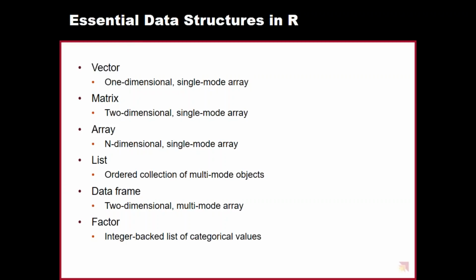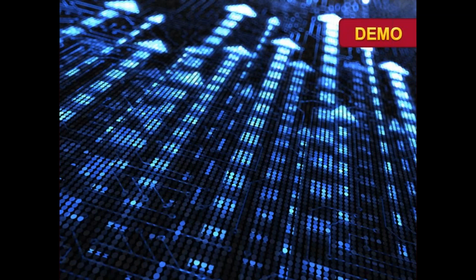Then there's the magic data structure, which is called a data frame. The data frame is basically a list, but a very structured list that has a set of vectors that all have the same length, and we'll see that in just a second. And the last thing that you have to know is something called a factor. So we want to step through code examples to show you what each of those are.